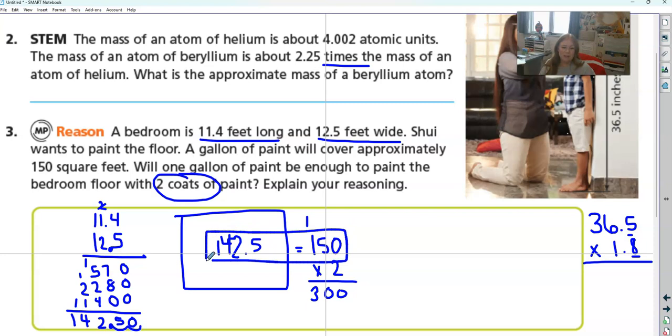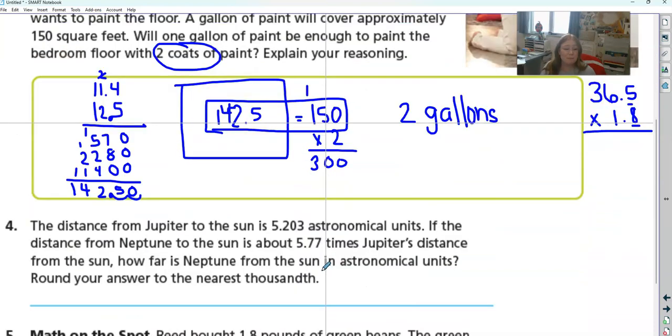That 1 coat is pretty much taking up that whole gallon. There's a tiny bit left over that you can paint like a little square of the second piece. But you're going to need 2 gallons in order to get to 300. So if you only buy 1, you're only going to cover 1 time. We've got to do 2 to cover it 2 times.